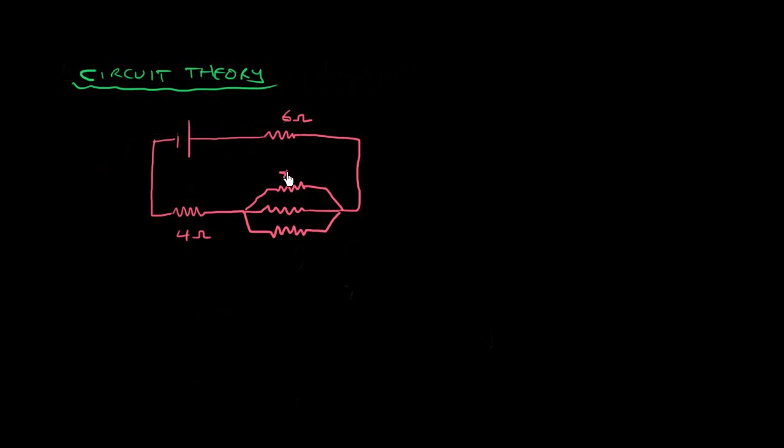And this could be, let's add another one in there also. So we have one resistor in there and another one here. 2 resistors. So let's say that this has 2 ohms and that has 4. And this has 10 ohms of resistance.